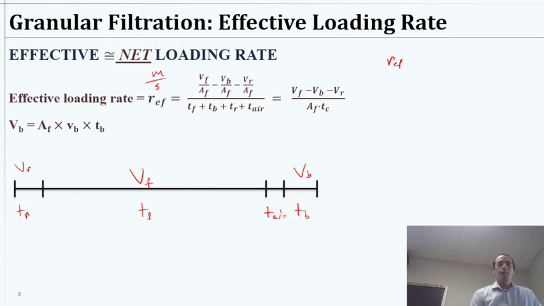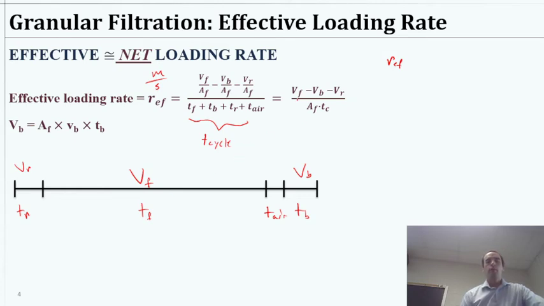And that's going to be essentially VF, so the volume filtered divided by the area of the filter, minus the volume backwash divided by the area, minus the volume rinsed divided by the area, all that divided by the total cycle time. So what I'll say here is we can say this time for the cycle, or TC.